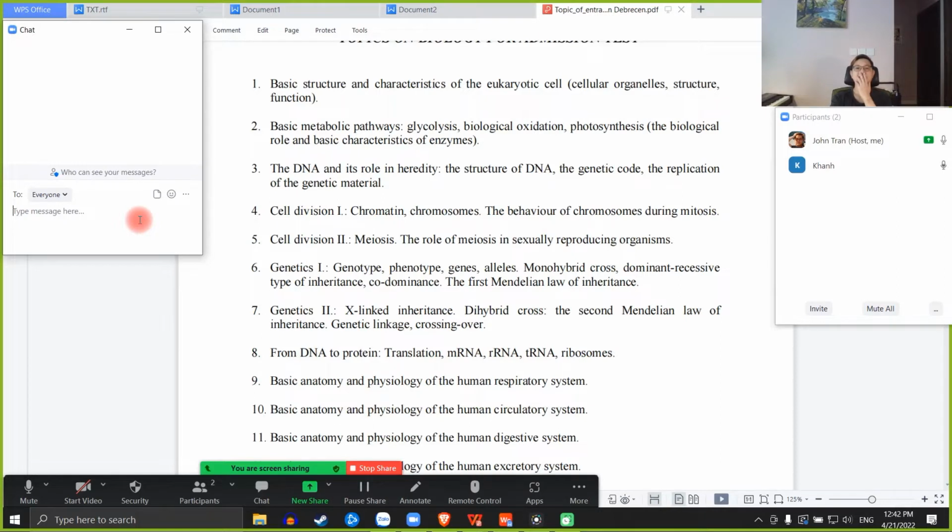Sex linkage refers to carrying genes on the sex chromosome, and it is different in females and males.